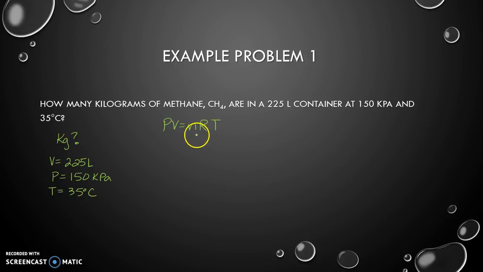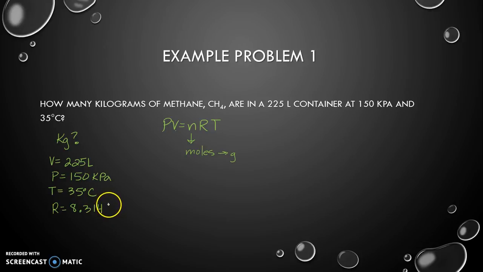We're going to use this and plug in and solve. We've got our P, we've got our V. We don't have n. Remember, n stands for moles. If I get the number of moles, can I then use that to find grams? I sure can. So we're probably going to solve for n. What about R? R is that gas constant, one of those two numbers I showed you. We've got kilopascals here, so we'll use 8.314, sorry, I was going off the top of my head.